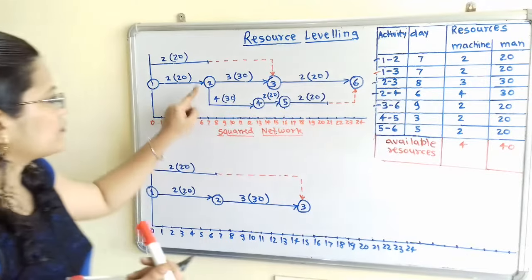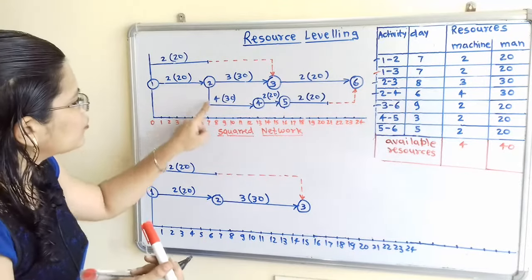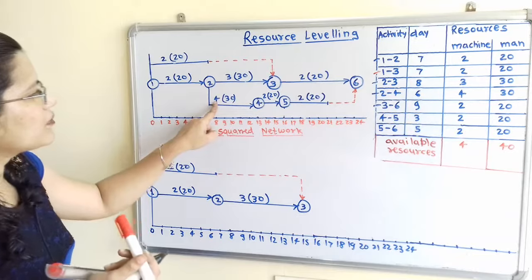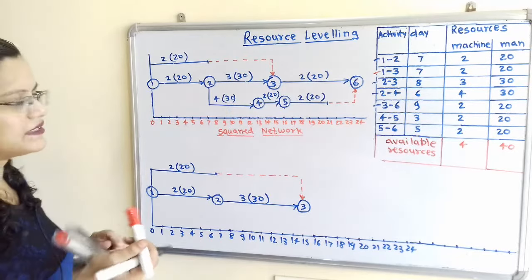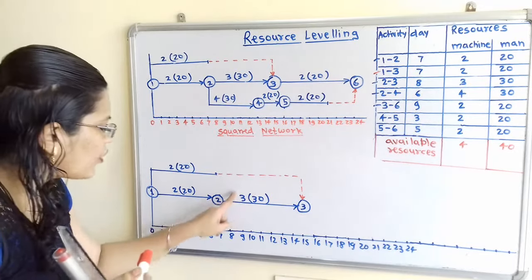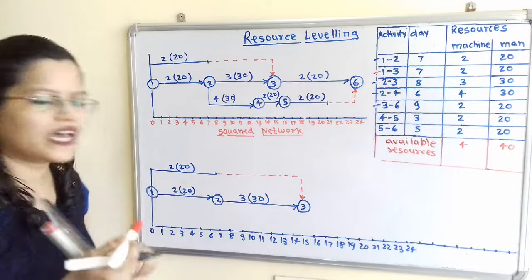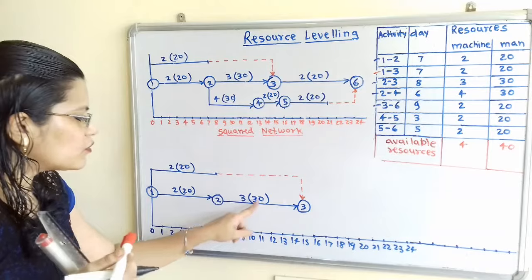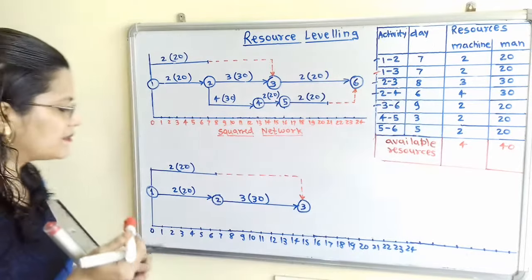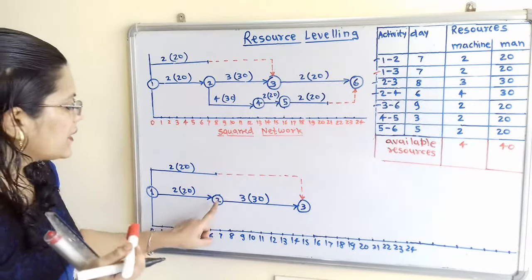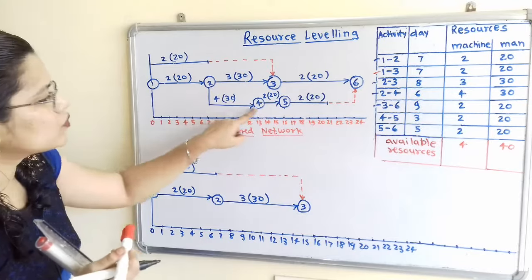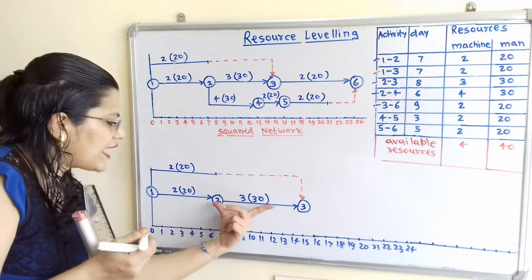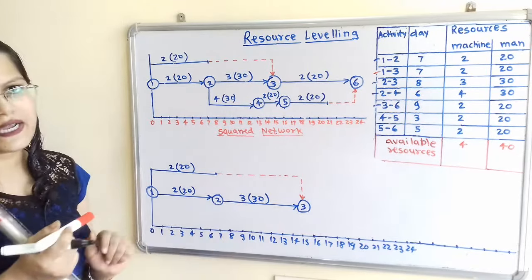Now 2 to 4. For this activity 2 to 4, 4 machines and 30 men are required. But if we observe here, 3 machines are already engaged, so only 1 machine is remaining, and only 10 manpower is remaining. So we cannot start this activity 2 to 4 until activity 2 to 3 is completed.